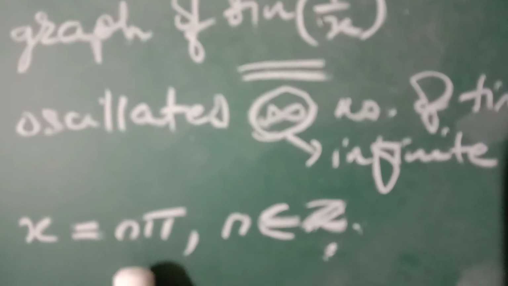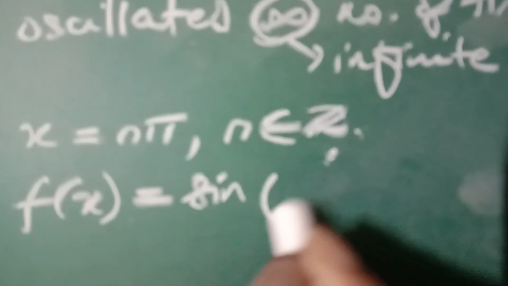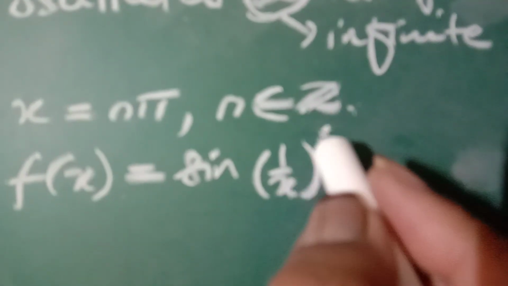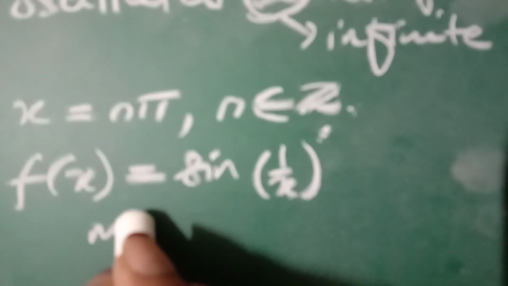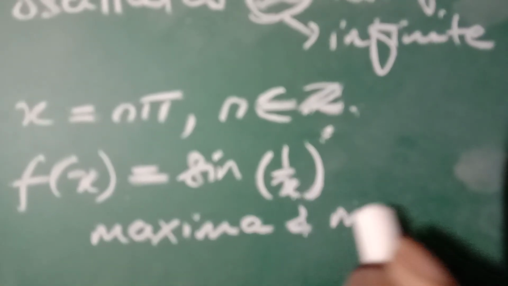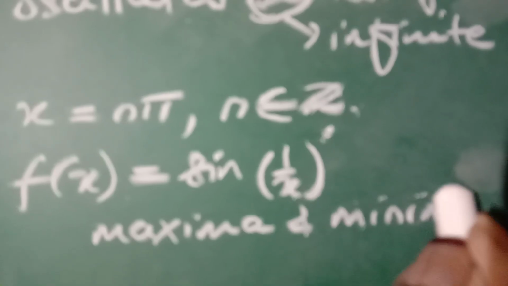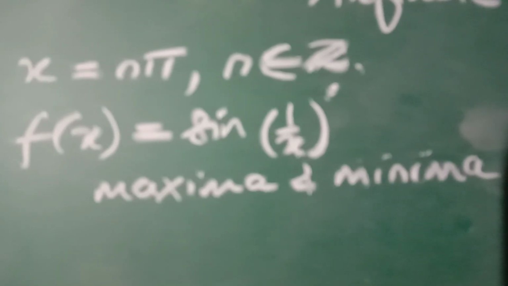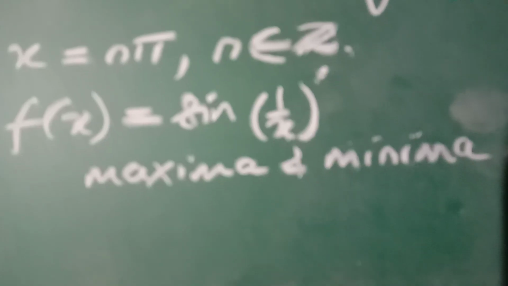Now because of this, this f(x) is equal to sin(1/x) has infinite number of maxima and minima. Where does it have infinite number of maxima and minima?